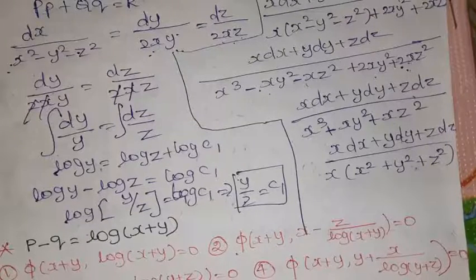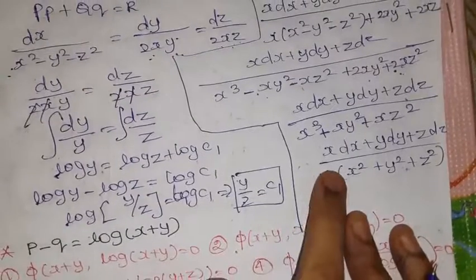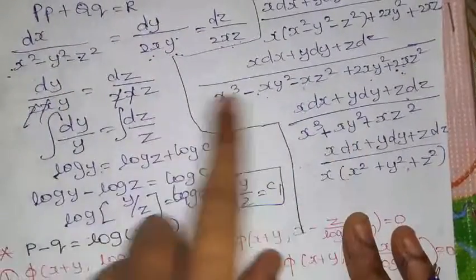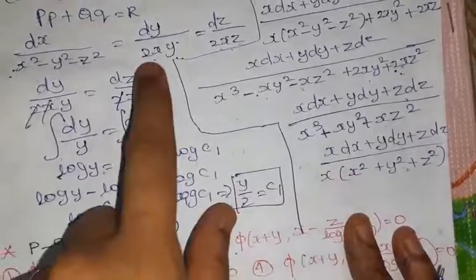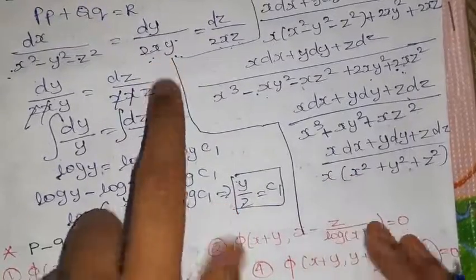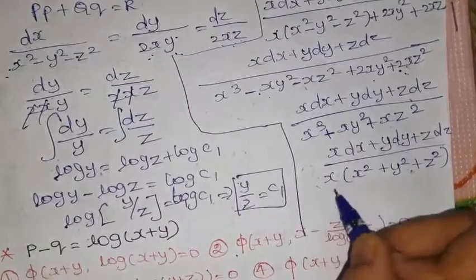Now we can equate this with any of the ratios. This is one simplification: equating this with the second ratio, dy by 2xy, because this x will get cancelled.